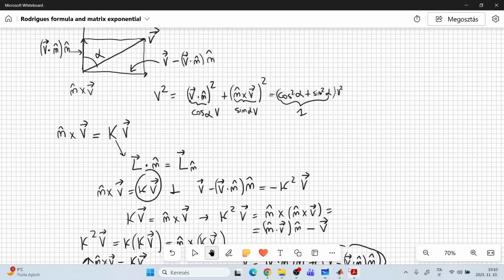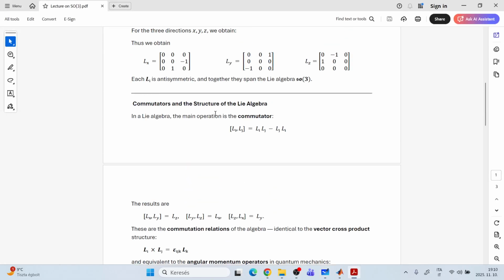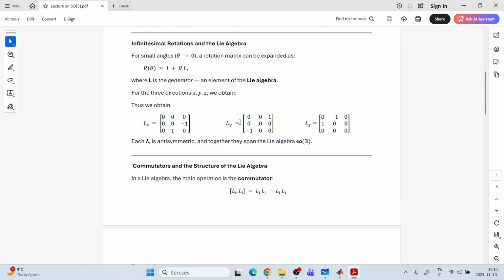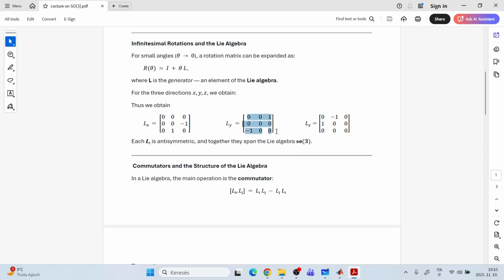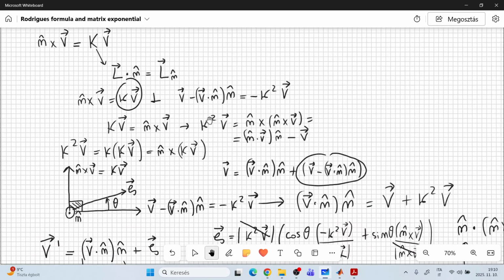So you can also obtain it by considering these three matrices and doing the dot product with a vector of these three matrices. So you take the first matrix and you multiply it by nx, plus you take this matrix and you multiply it by ny, plus you take this matrix and you multiply it by nz, and you can show that you get exactly the same thing.